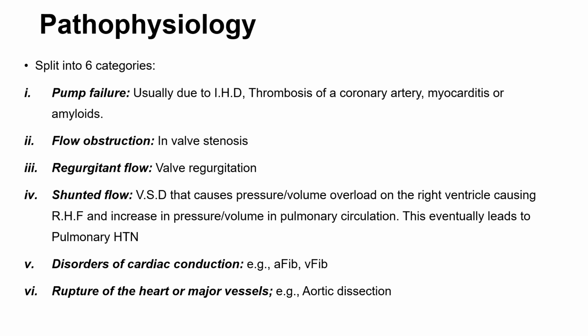Tetralogy of Fallot contains several manifestations, right? Ventricular hypertrophy, overriding aorta. We have right-sided heart failure. The ventricles thicken, right? Ventricular hypertrophy that we have just talked about. We have around 4 or 5 manifestations of it that cause this shunted flow in ventricular septal defects, common in tetralogy of Fallot.